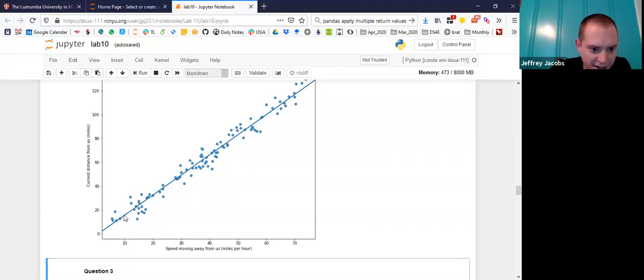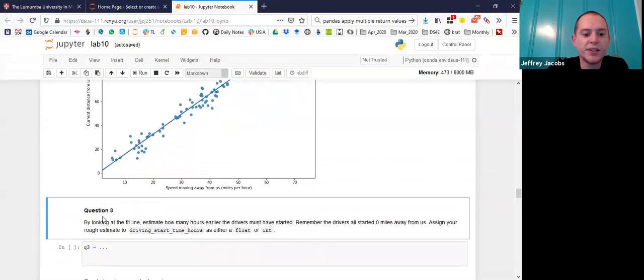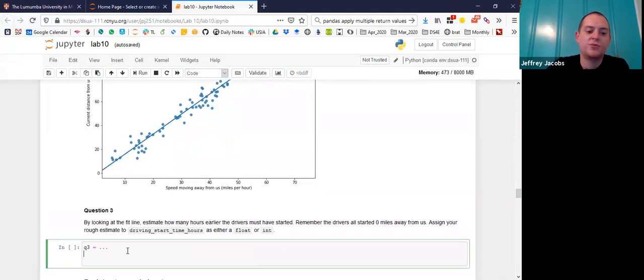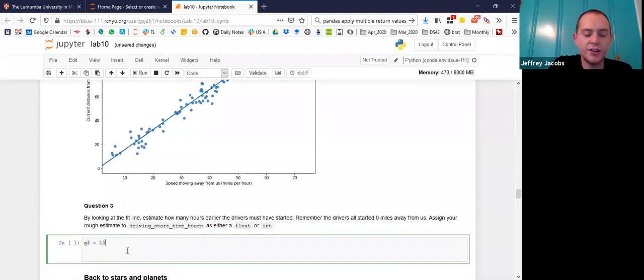So from what I can tell, when the speed is 10, when the x-axis value is 10, the distance from us that is estimated by this best fit line is about 15, right? And so what I would say is its slope, which is how many hours earlier the drivers must have started, is like 15 miles over every 10 miles per hour, right?